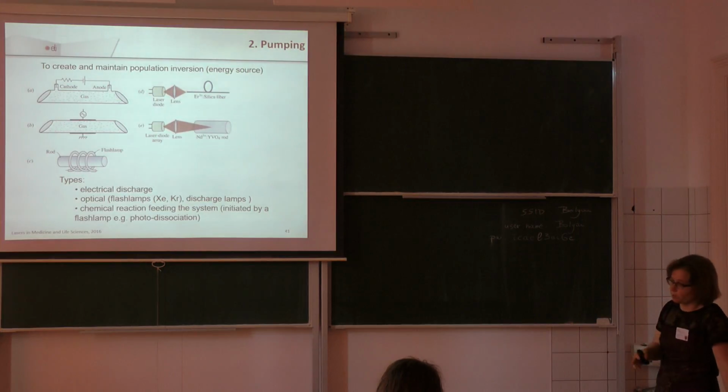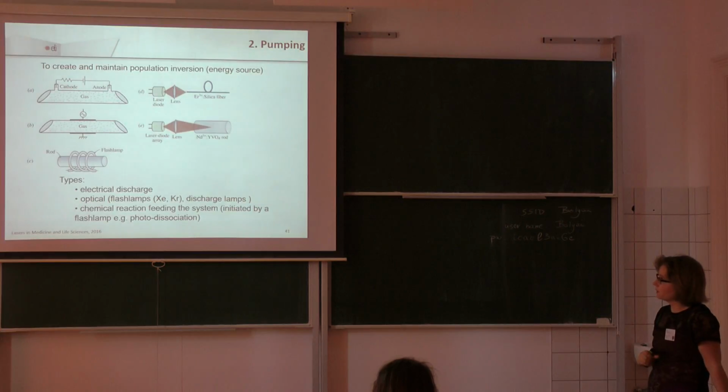So the first point that is required for a laser is, as I said, the active medium. The second is that we create population inversion, and I list here a few methods of pumping.